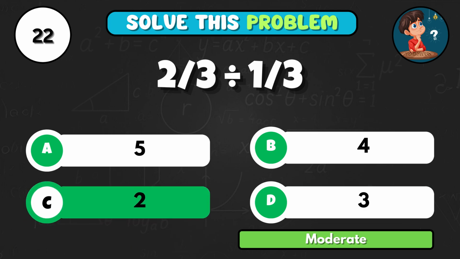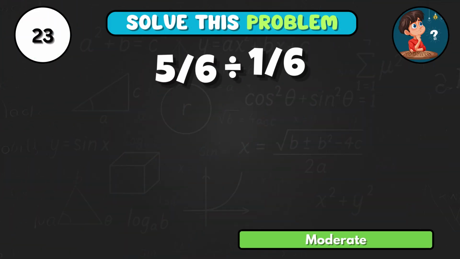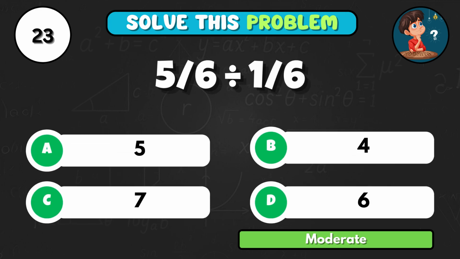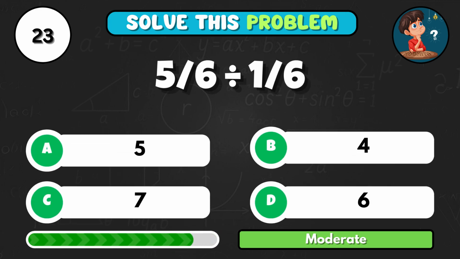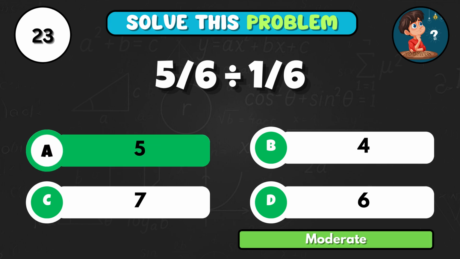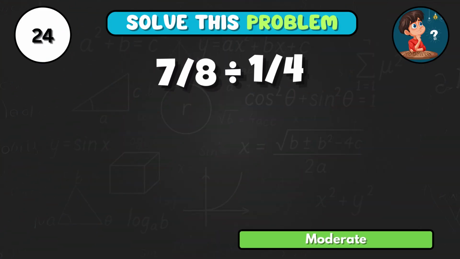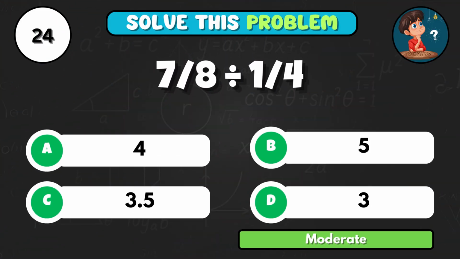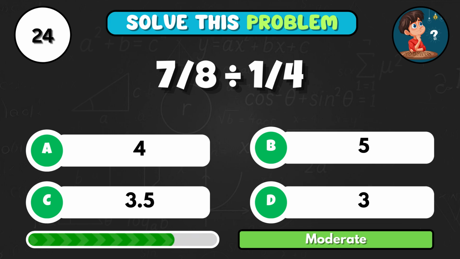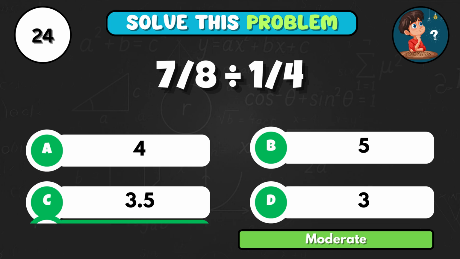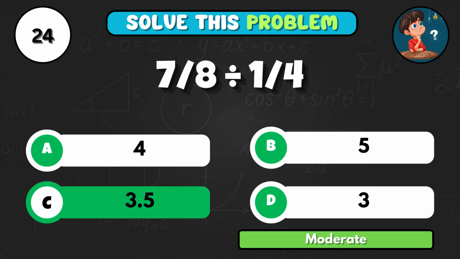It equals C, 2. 5/6 divided by 1/6 equals what? That's A, 5. 7/8 divided by 1/4 equals what? It comes to C, 3.5.